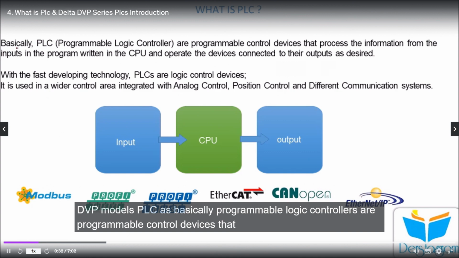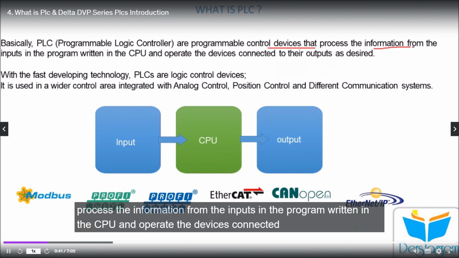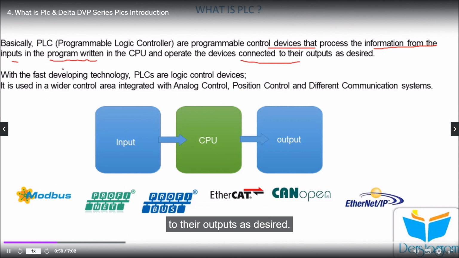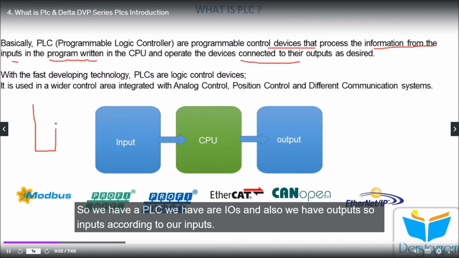PLCs, or programmable logic controllers, are programmable control devices that process the information from the inputs using the program written in the CPU and operate the devices connected to their outputs as desired. So we have a PLC, we have inputs, and also we have outputs.